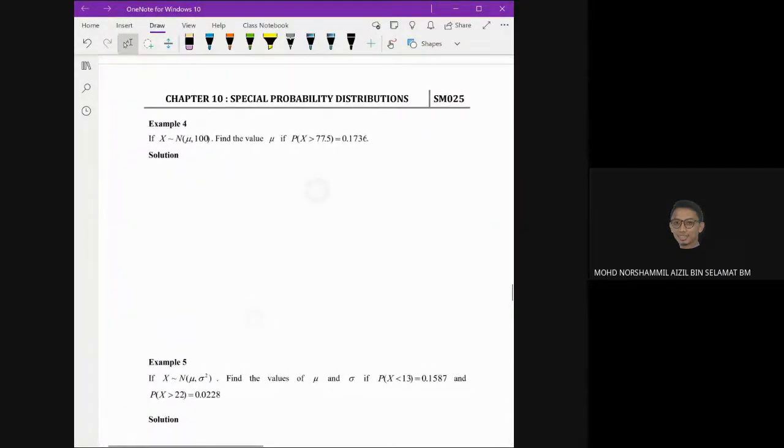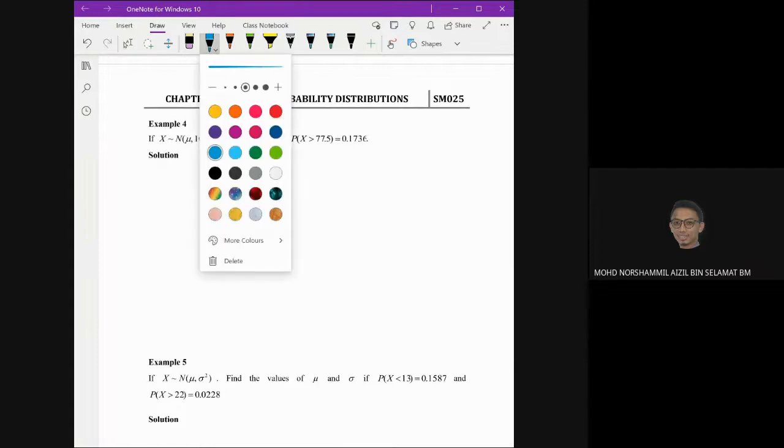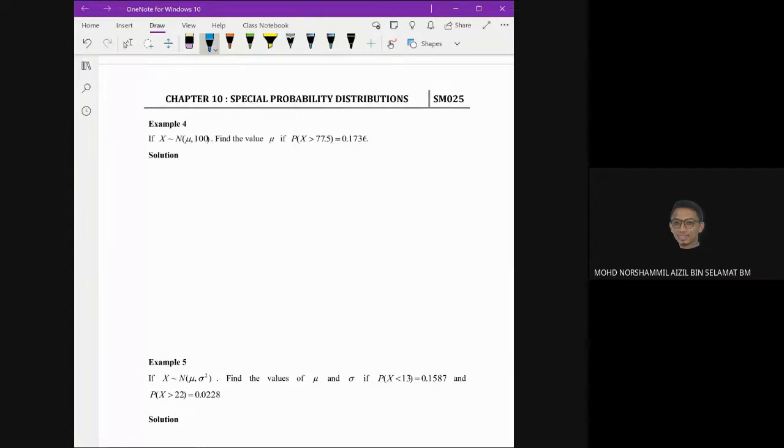Alright, so move on to example number 4. Inilah masalah dunia guys, soalan-soalan macam ni lah. Okay, given a normal distribution without mu, find the value of mu if the probability is given.